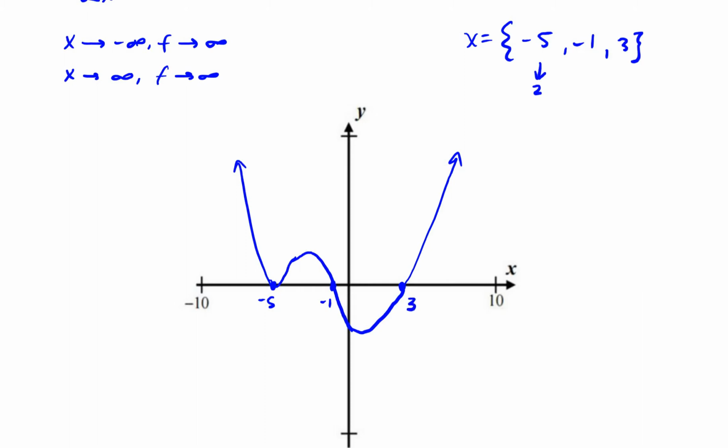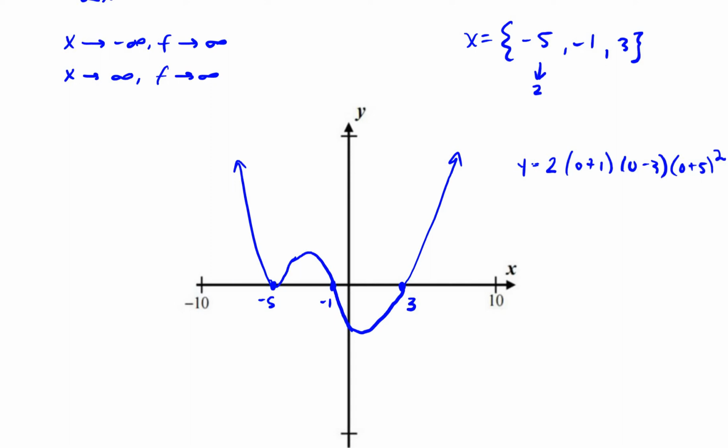I could even find out what exactly the y-intercept is if I plug in 0. So I'd have 2 times 0 plus 1, times 0 minus 3, times 0 plus 5 squared. So that's 25, negative 75, negative 150, I think. Let me just check that in the calculator.